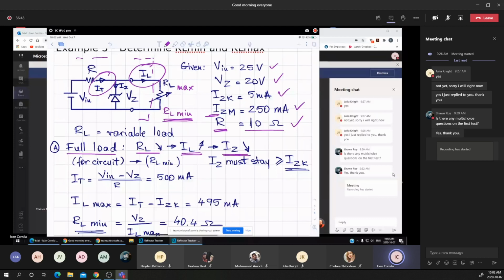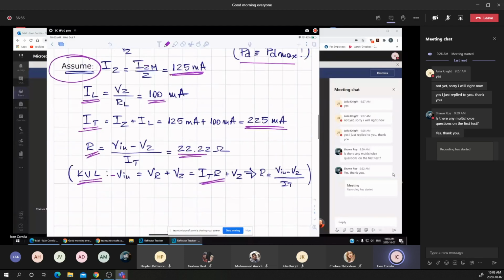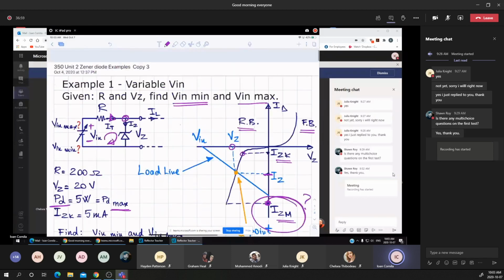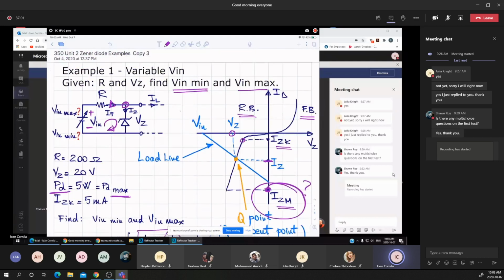Now, if I'm looking back at those conditions, one of the two conditions is to maintain a minimum current flowing through the diode in order to maintain the voltage. Going back to this graph, in order to have the VZ, the Zener voltage, I have to maintain the current range between the two limits, the IZK and the IZM.